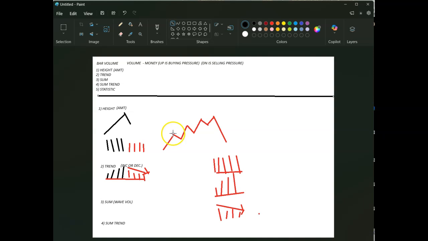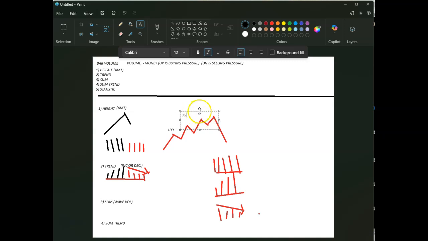It means that if this rally is, say, 100, and this 75, and this 66, and this is 45, you see a problem: the demand is decreasing. The sum's trend is decreasing. There's a problem here. It's going to fall, right?